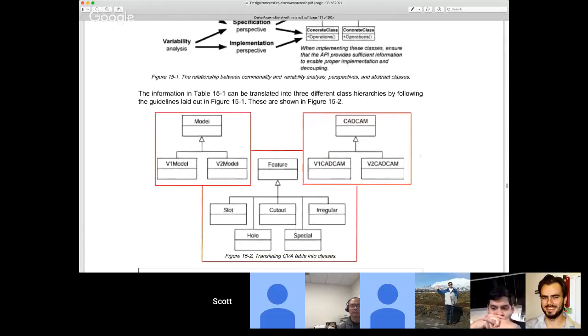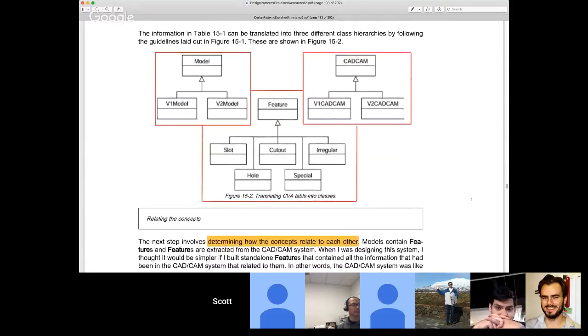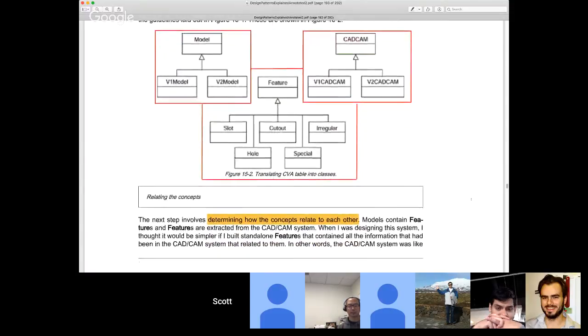So using that, he can translate it into 3 different class hierarchies. The variations of the model between the two CAD/CAM systems in the top left, the CAD/CAM's implementations in the top right, and then the features. So then he can look at how to relate the features.